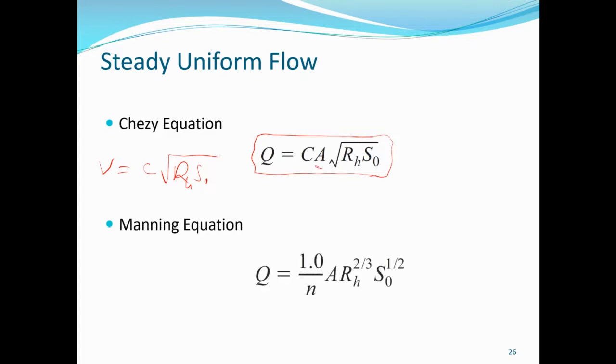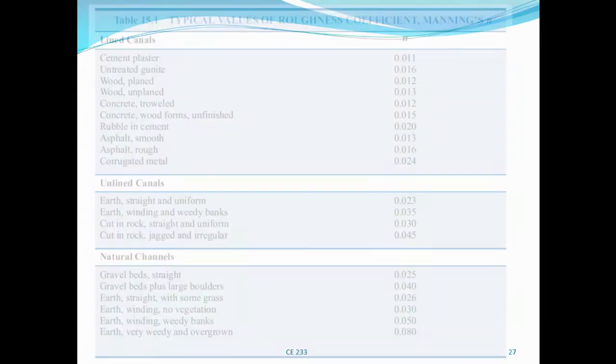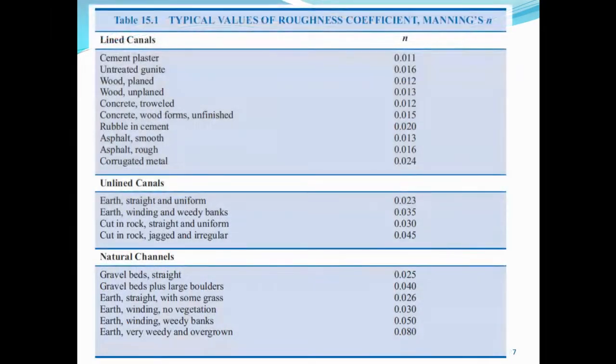And the Manning equation is an empirical formula. It's 1 over n, where n is the Manning's roughness coefficient, which varies depending on the roughness of the channel: A R to the power of 2 over 3, S naught to the power of 1 over 2. These are the values of the Manning's constant, which is different for different channels.